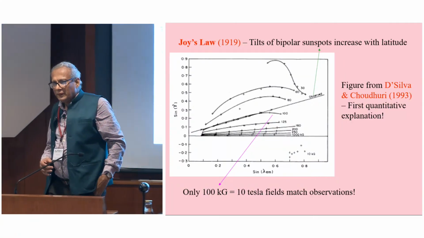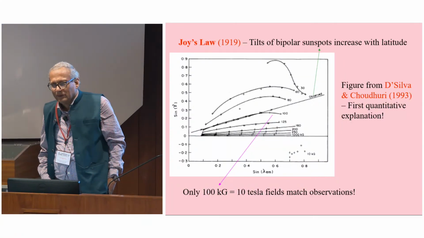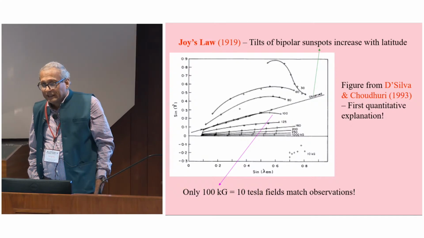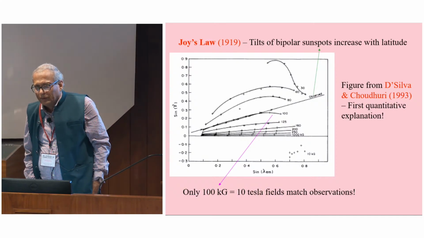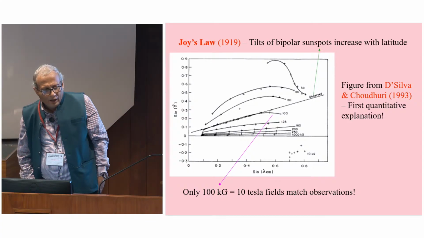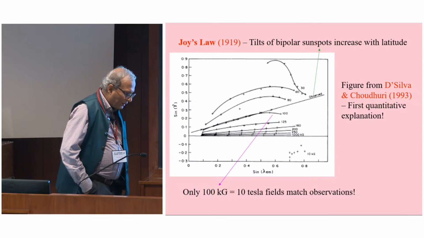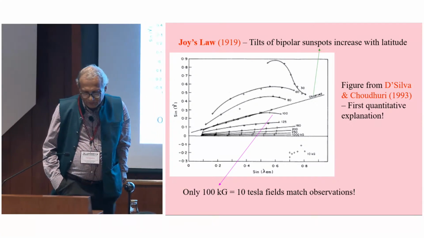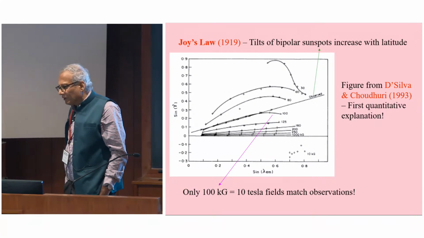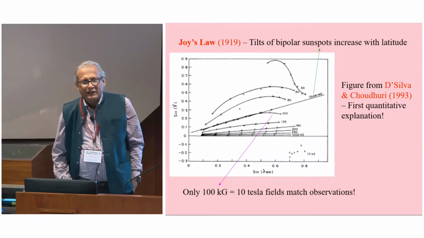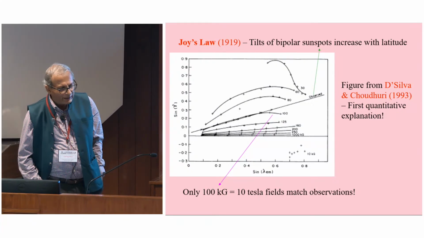Sir, is there a relation between the sun's core rotation and the sun cycle? It's a very important question. What determines the 11-year period of the sun?